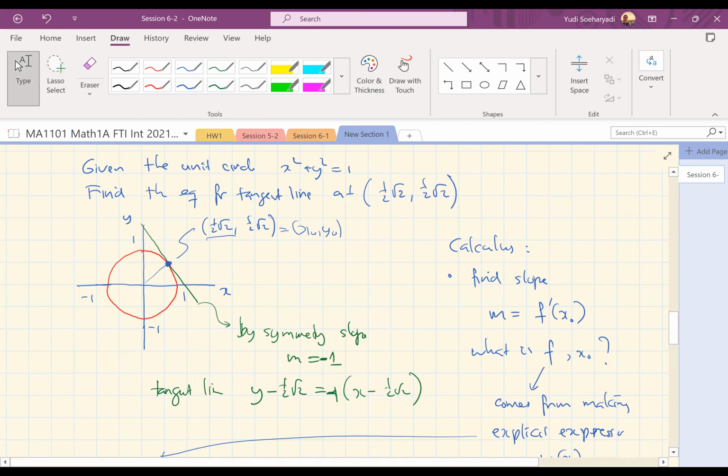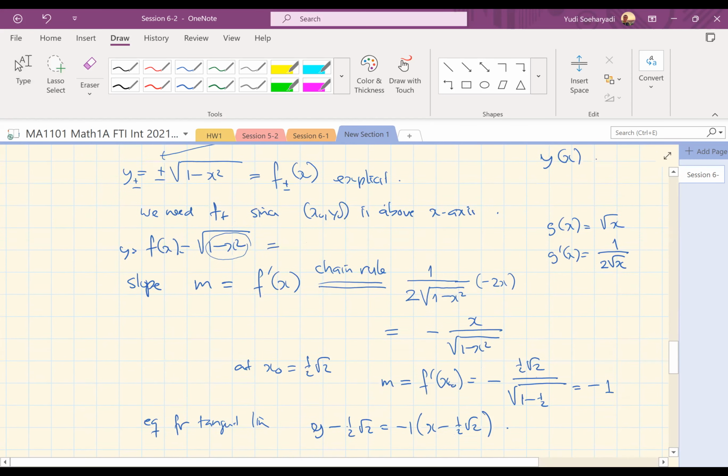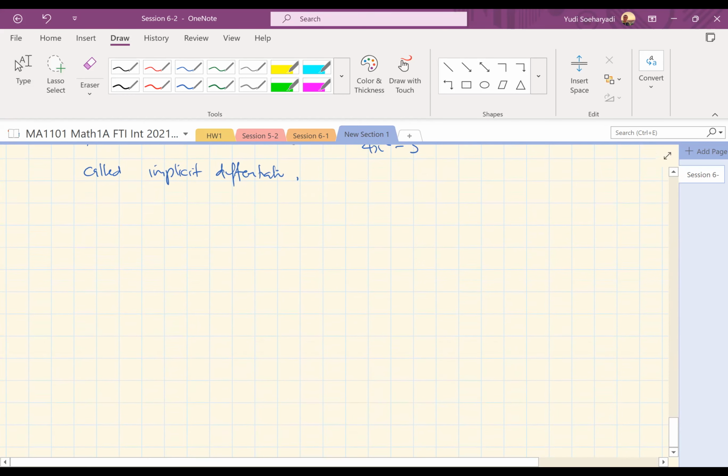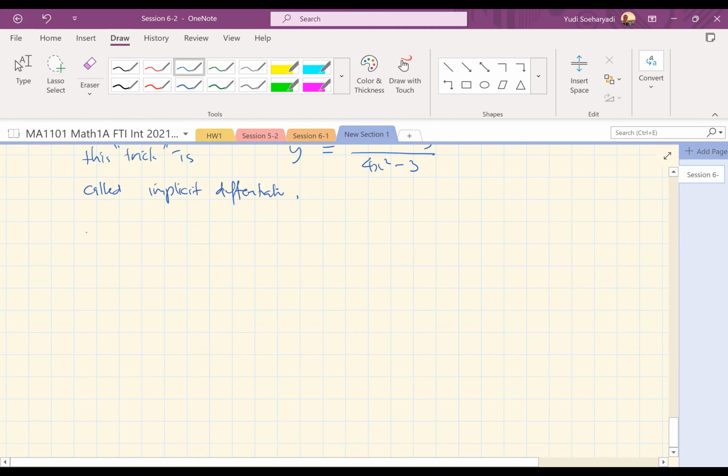Okay. So the simple question: find the tangent line of this one. Can we do this implicitly now? Let's go back to this problem and do this implicitly. The circle problem, implicitly. So let me just follow the graph again.